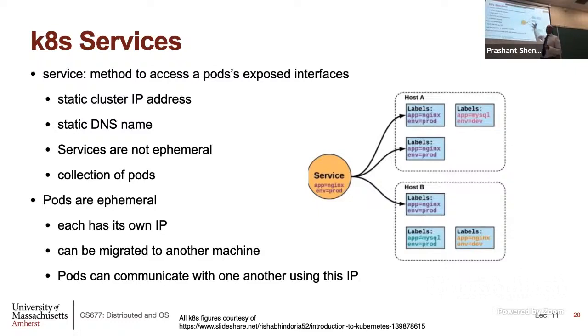But pods could be ephemeral. You can essentially take this pod here and move it to some other machine, or you can terminate the pod, you can scale it up or down, and so on. But the service will know what's happening to pods, and it will send requests to wherever the pod is. So one way to think about it, it's a logical abstraction that looks similar to a load balancer.